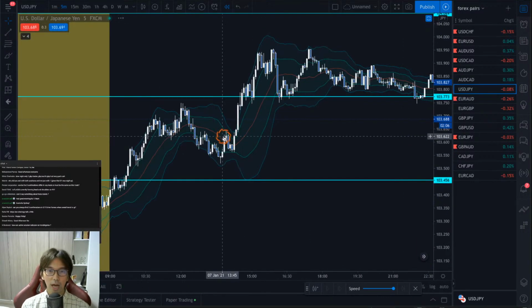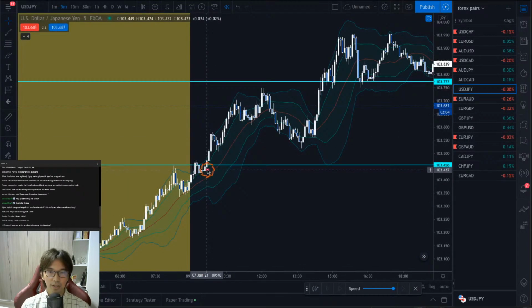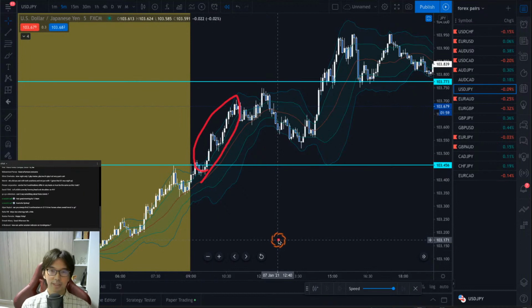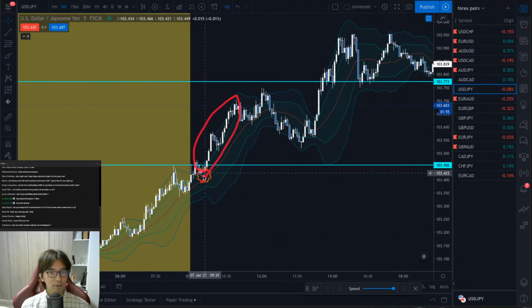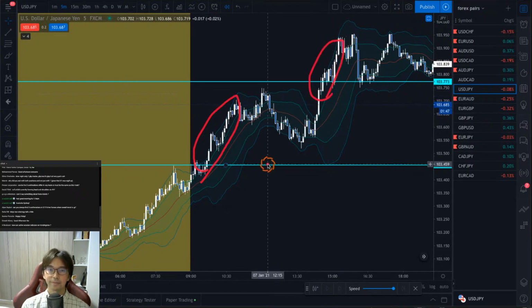Yesterday, after the Tokyo box breakout, there was a beautiful band walking over here. So if you see this, this can be one of the confirmations to enter. Over here too, another band walking, and within the Tokyo time, there was a band walking too.